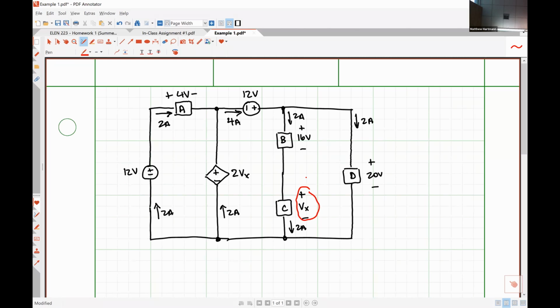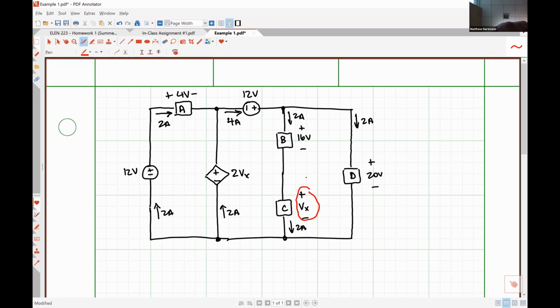And one thing that makes this problem particularly difficult is that there is a dependent source also in the circuit, and it depends on that voltage Vx as well. So that's going to make things a little more difficult.